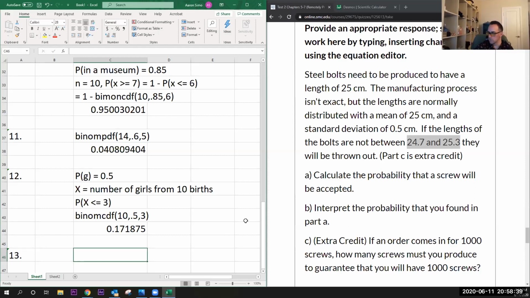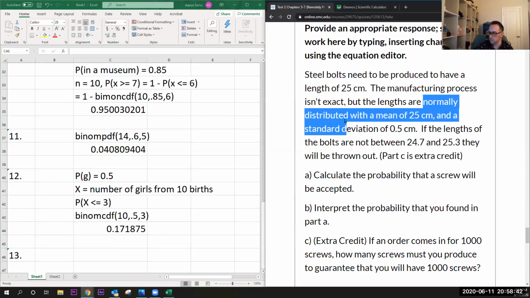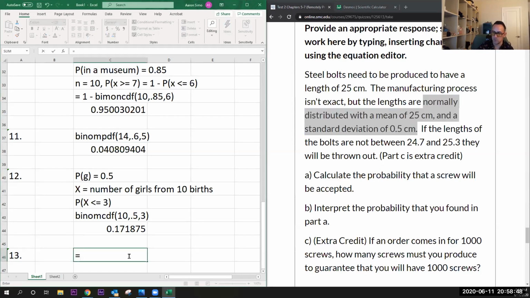And also, the lengths are normally distributed with mean 25 and standard deviation 0.5. So can't we just say that this equals norm CDF, 24.7, comma, 25.3, comma, what's the mean? 25, standard deviation 0.5. Can't we just do that?